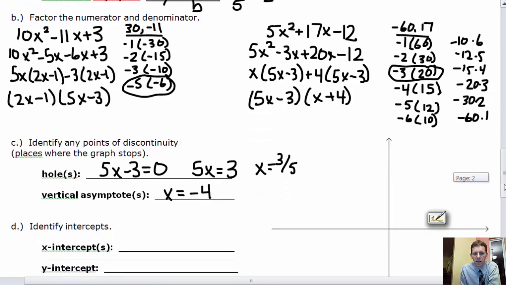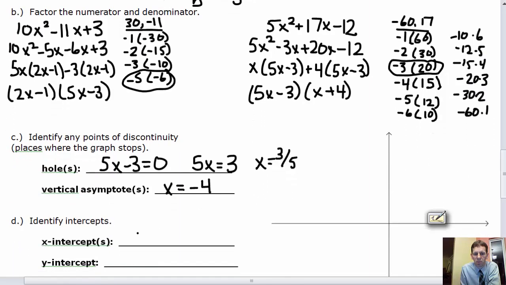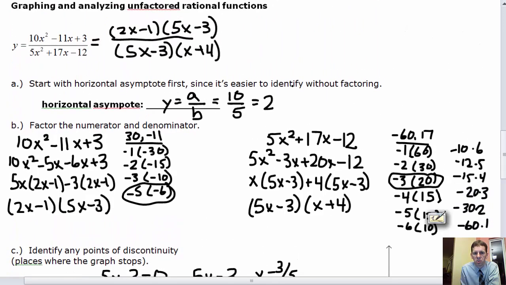Intercepts. To find the x-intercept, we look for values in the numerator that would give you 0. Now there's already this hole at 3/5, but if we make 2x minus 1 equal 0, that would give us another x-intercept. Add 1 to both sides, divide both sides by 2, and you get 1/2. There's our x-intercept. To find our y-intercept, plug in 0 for x.